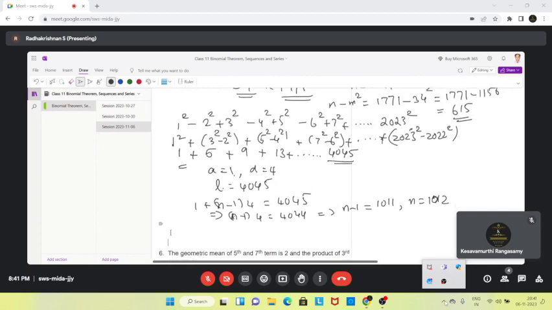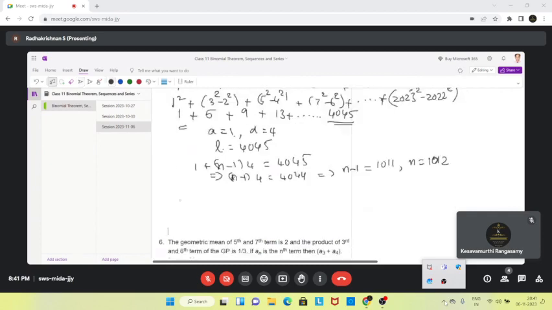So the sum will be N by 2 into A plus L, which is 1012 by 2 into 4046, 2023 times.